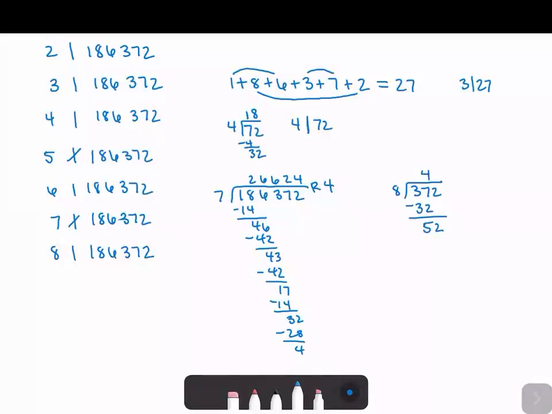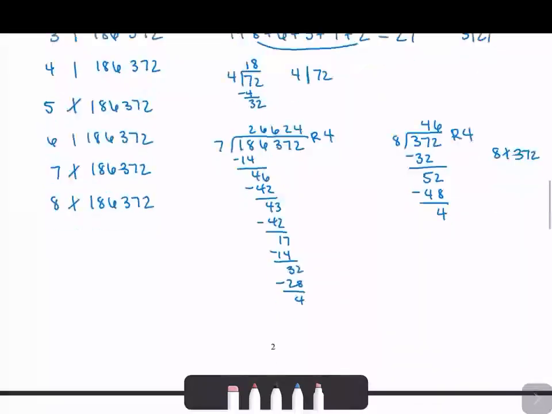We know that 6 times 8 is 48. So 52 minus 48 leaves 4. So again, this has a remainder. So we know that 8 does not divide 372, so that means that 8 does not divide 186,372.